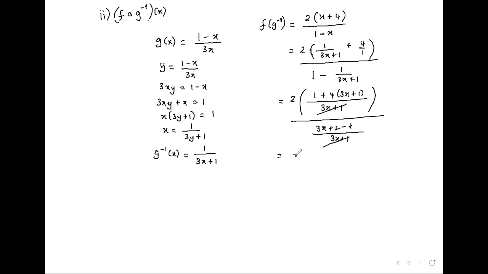So we remain with 2 over 3x. So 1 plus 4, that's 5. We'll get (5 + 4x) over 3x. So that's f of g inverse.